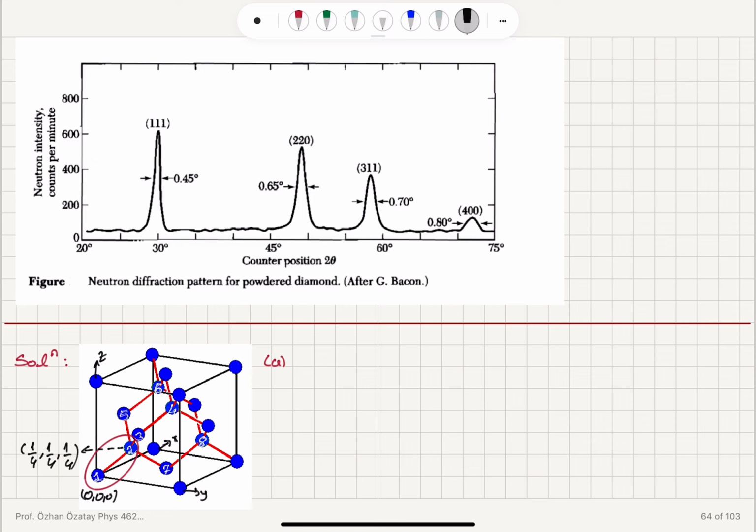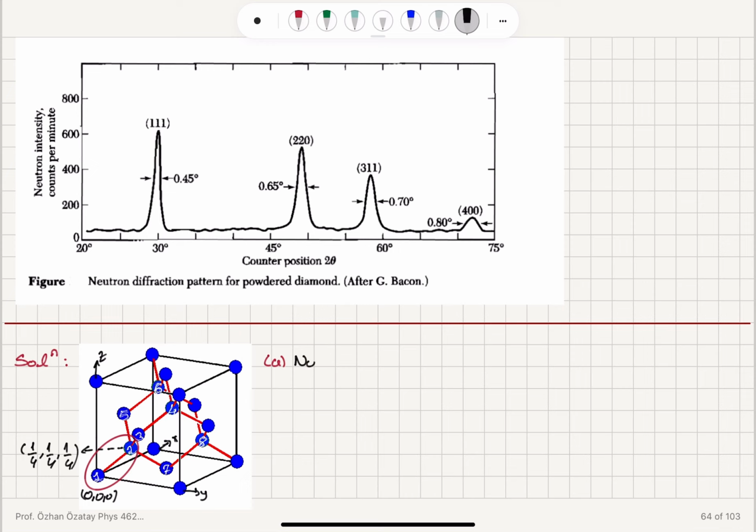Normally in the diamond structure we have 0, 0, 0 and 1/4, 1/4, 1/4. These two atoms form the basis, and we can calculate the structure factor from the underlying FCC lattice structure factor multiplied with that of the basis. That's what we did in the lecture notes. So here we're going to talk about an alternative view.